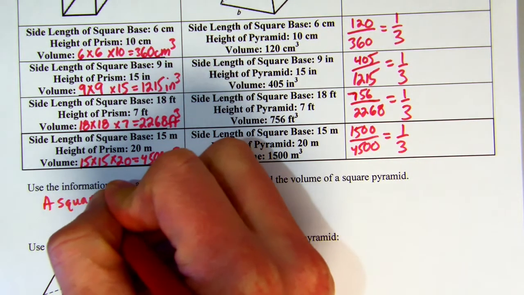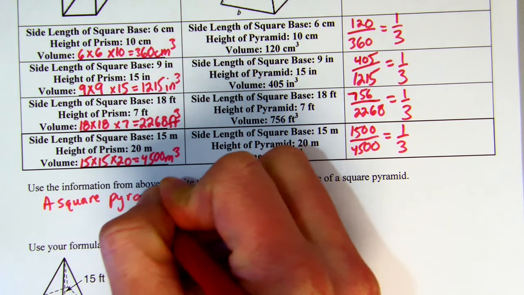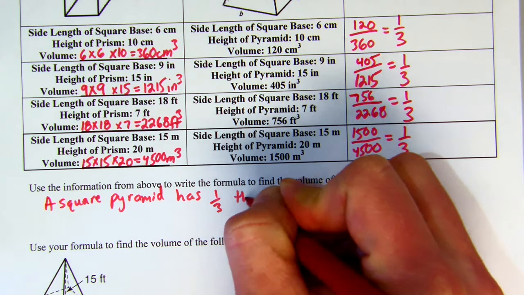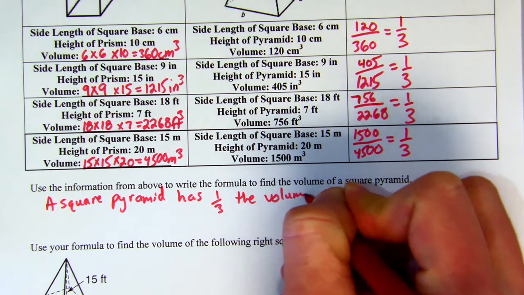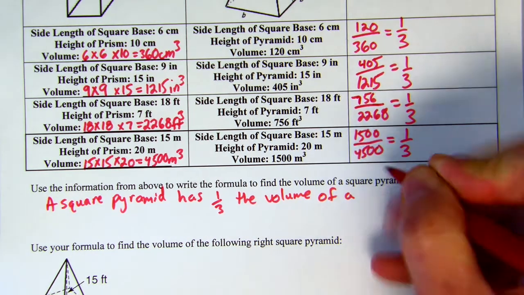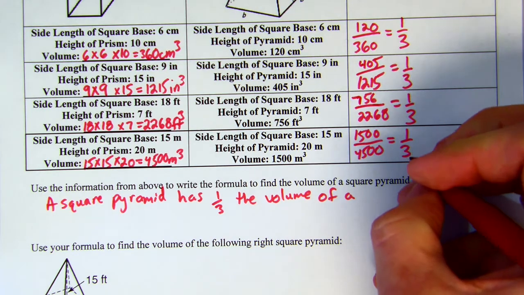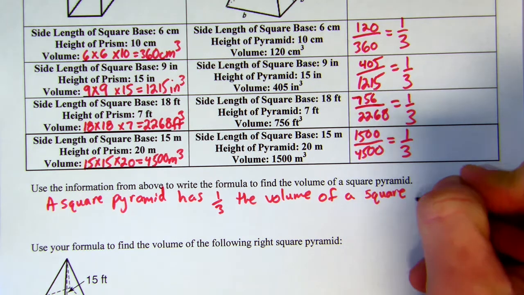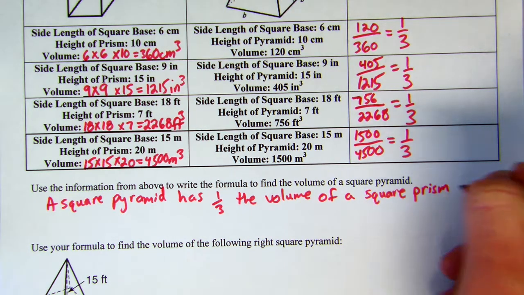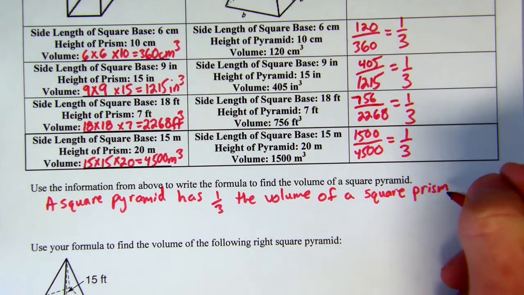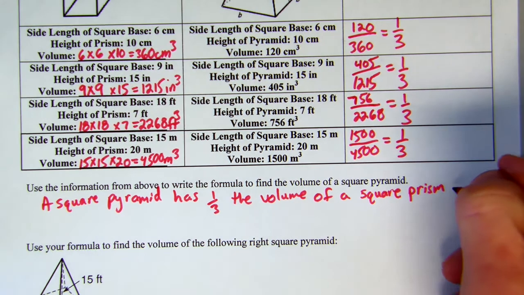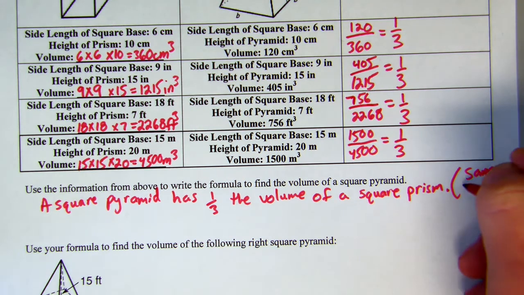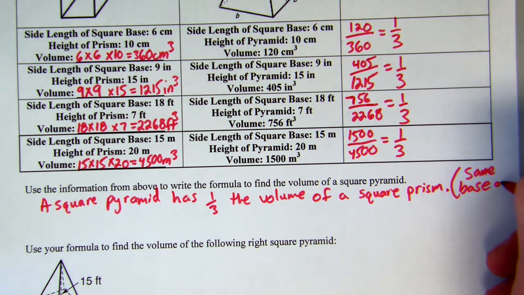A square pyramid has 1/3 the volume of a square prism, also known as a rectangular prism. Okay, and they do have the same base and height. That's the key too. Same base and height.